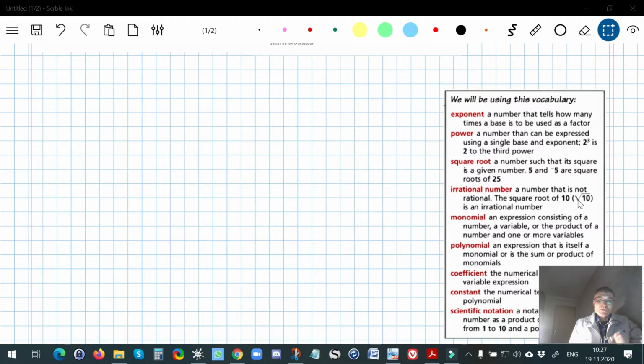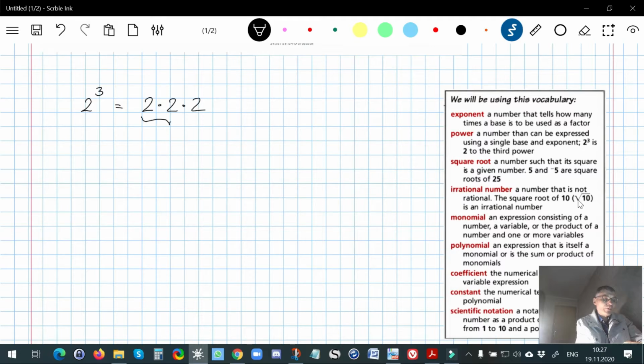Exponent: a number that tells how many times a base is to be used as a factor. This is, for example, when we find such a thing as 2 to the power of 3. It means exactly that 2 is multiplied 3 times. This is the exponent, and this is the base.